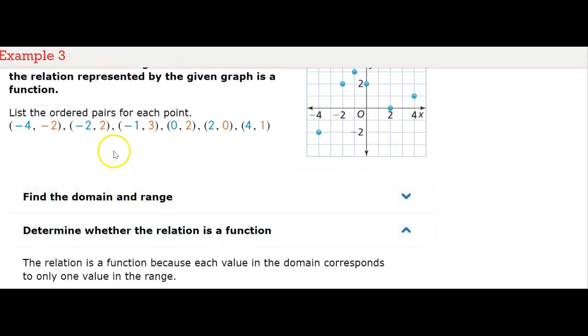The relation is a function because each value corresponds to only one value in the range. So none of the inputs are connected to the same output. So that makes it a function.